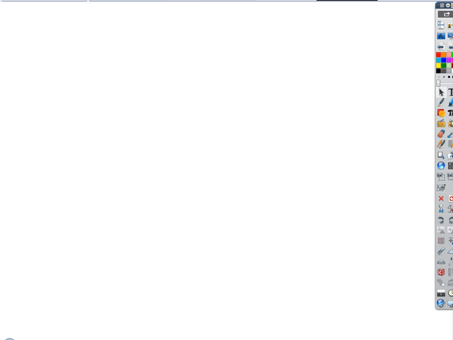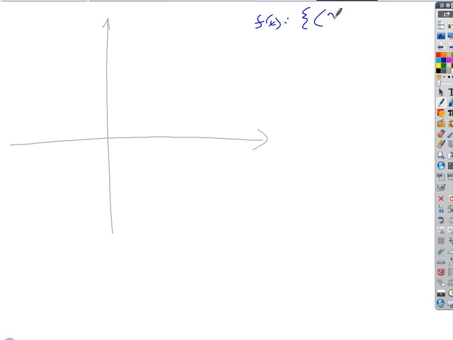What if I took, for example, let's say that my relation just consists of a couple points. So let's say that my function f of x is just going to be the set of points (2, 4) and (5, 1).